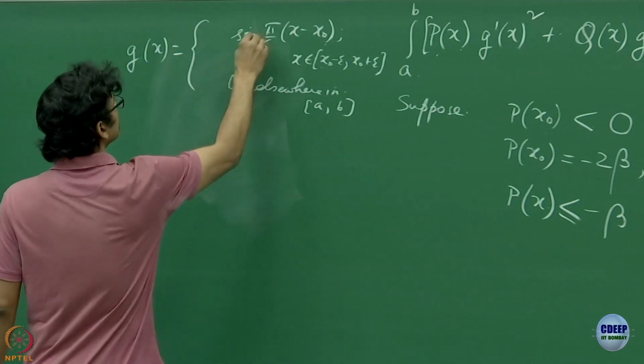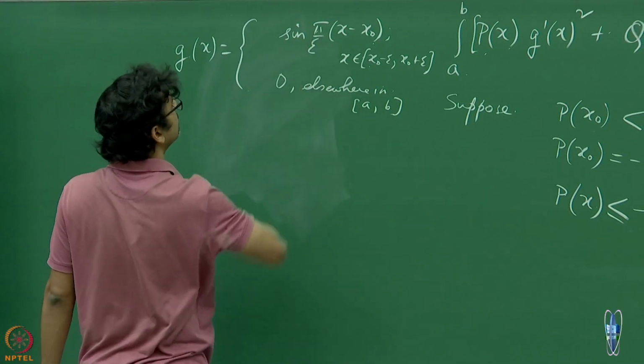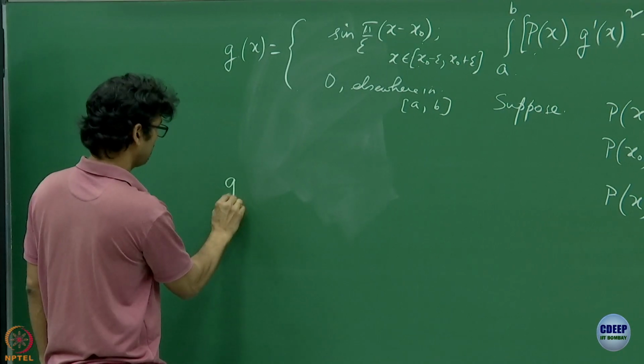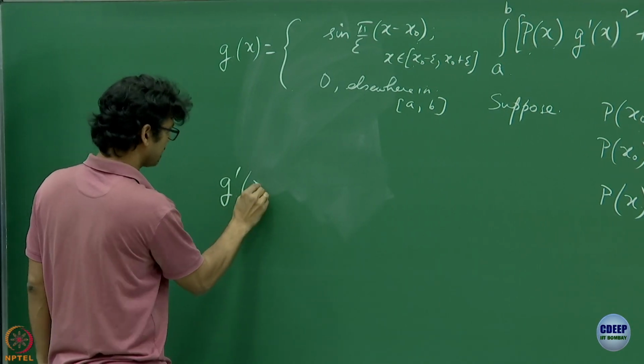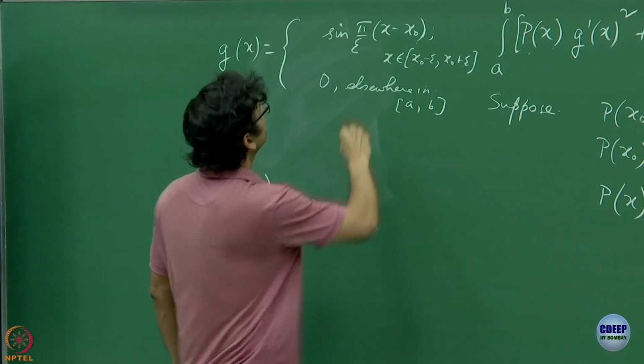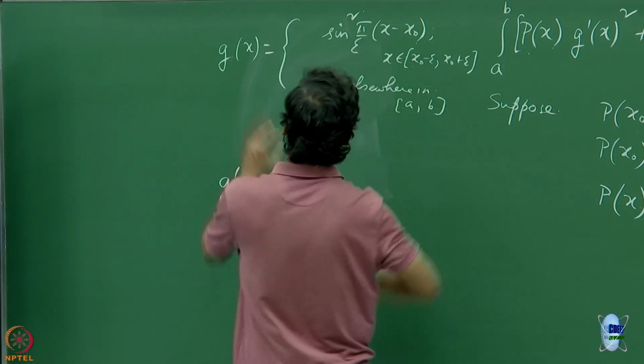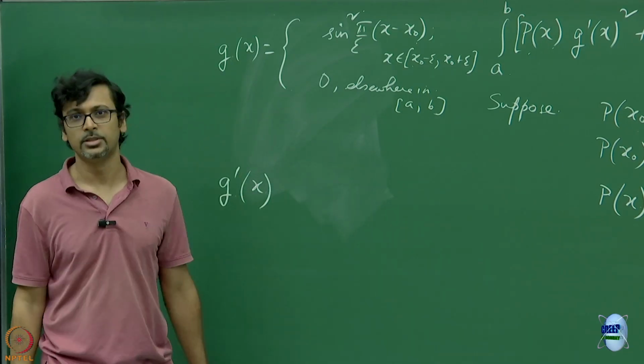Now what happens to g prime x? I am sorry, I think we had chosen positive, right, the square of this thing, because of course you want this to stick to a positive value.